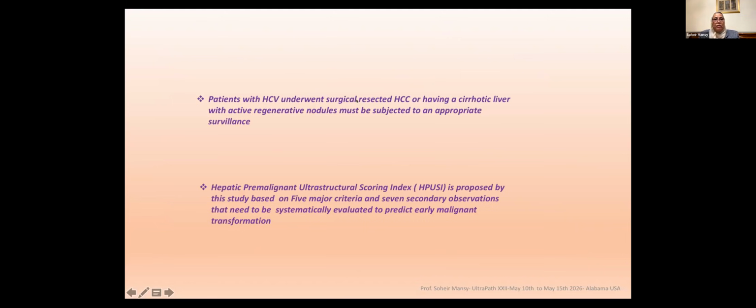Patients with HCV who underwent surgical resection of HCC or having a cirrhotic liver with active regenerative nodule must be subjected to appropriate surveillance. The hepatic pre-malignant ultrastructure scoring index is proposed by the study based on 5 major criteria and 7 secondary observations that need to be systematically evaluated to predict early malignant transformation.